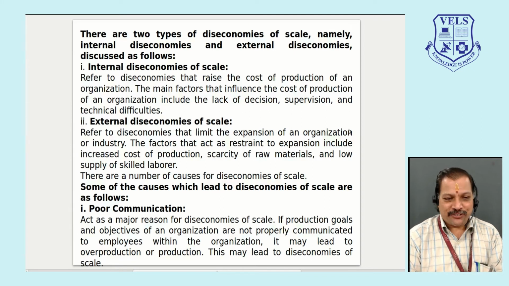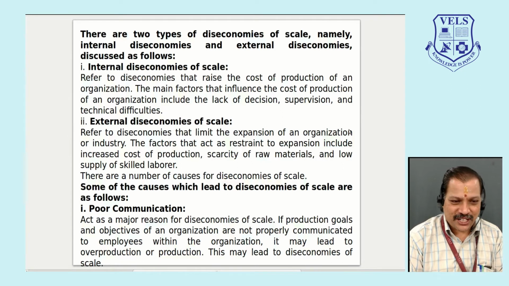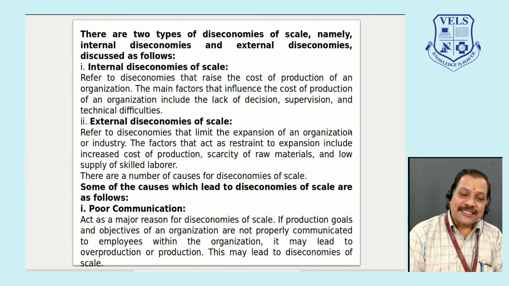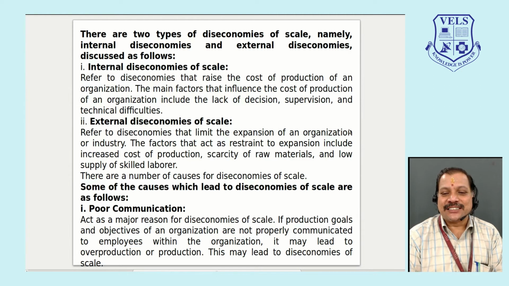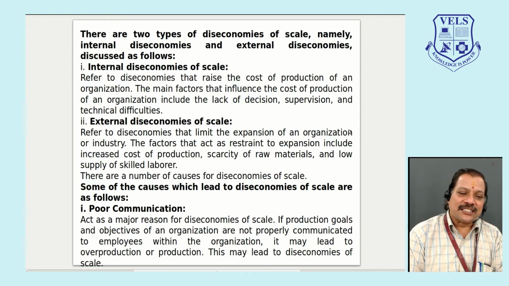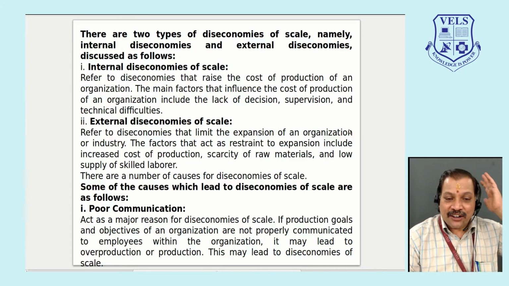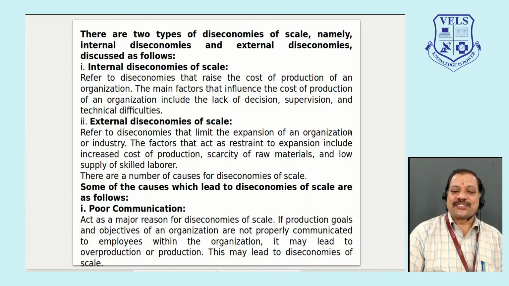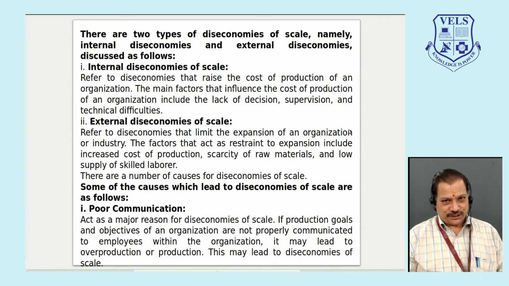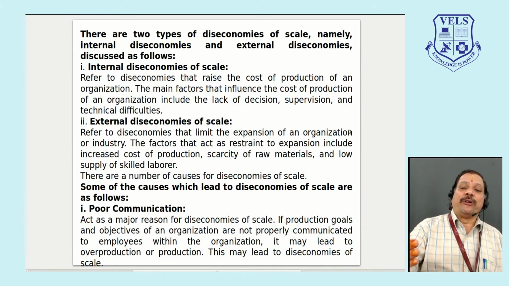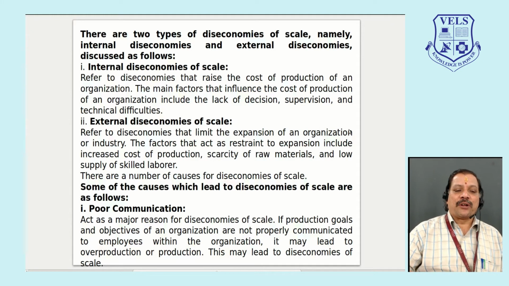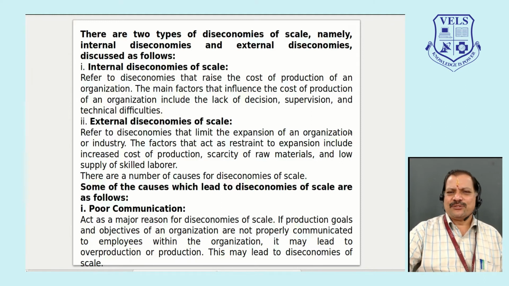So it can be defined as external diseconomies of scale refers to diseconomies of scale that limit the expansion of the organization or industry. The factors that act as a restraint to expansion include increasing cost of production and scarcity of raw materials and low supply of skilled laborers and few more.